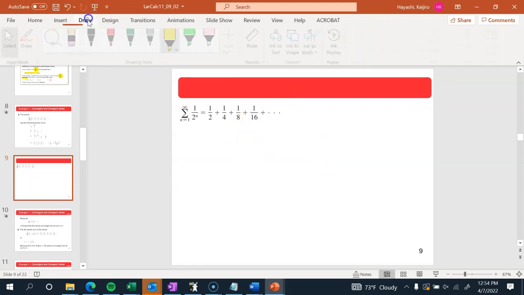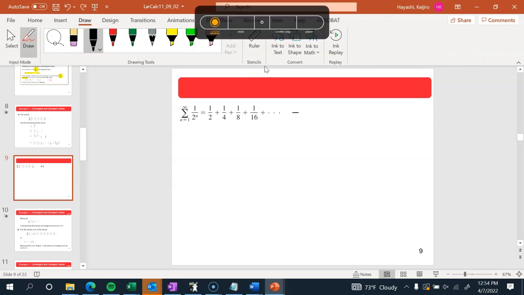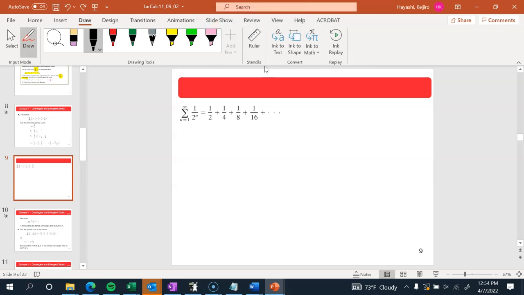Now, of course, we know for some reason or another that this is 1. But we can look at the partial sums to really show why that is. So we'll form the first partial sum from the first term only.